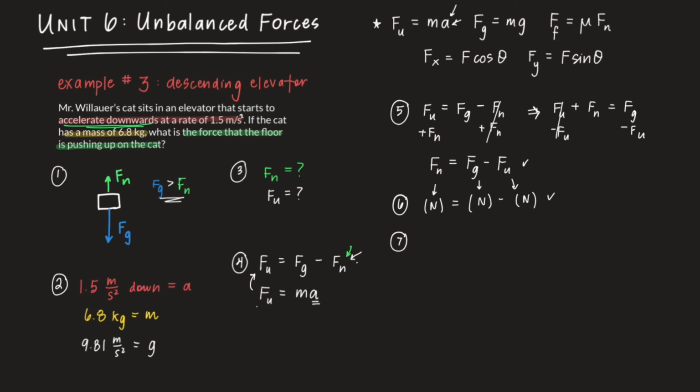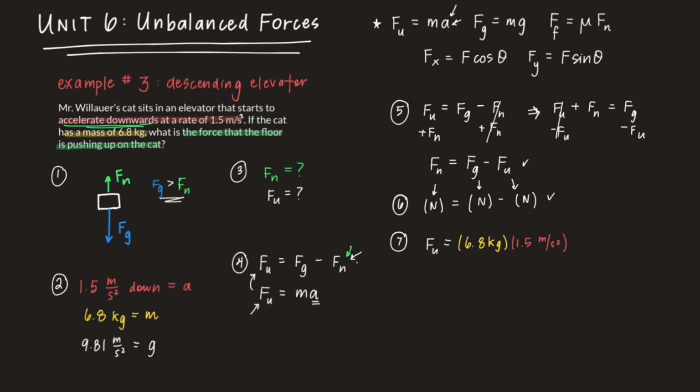Finally, step 7, a couple things we need to find here. We're going to start with our Fu equals ma equation. So we're going to find what that unbalanced force is. So Fu is equal to the mass of the cat, 6.8 kilograms, and we're going to multiply it by the acceleration that we're given in the problem, which is 1.5 meters per second squared.